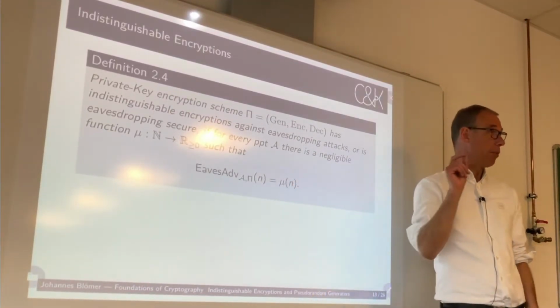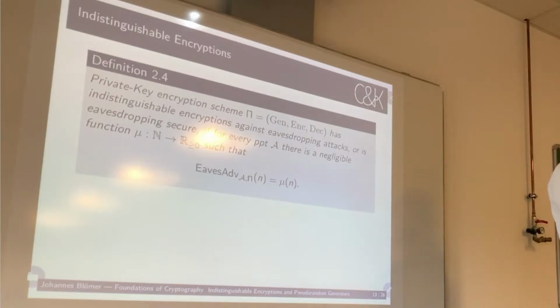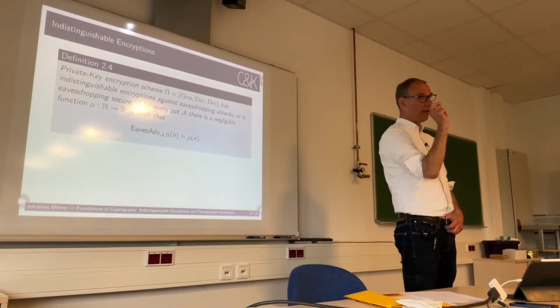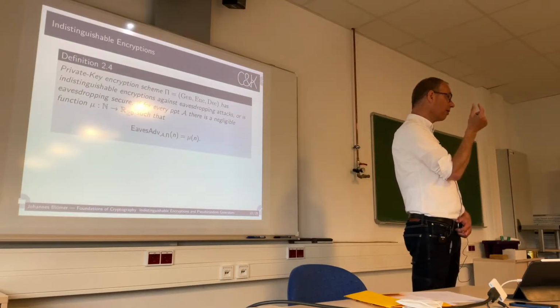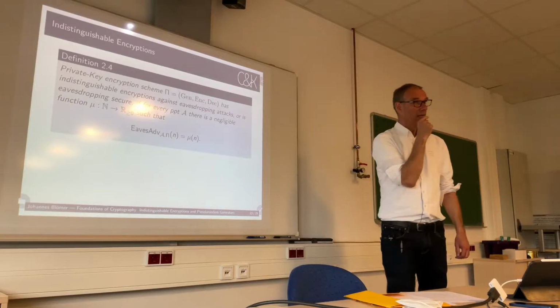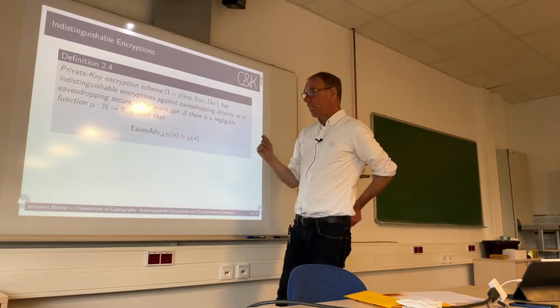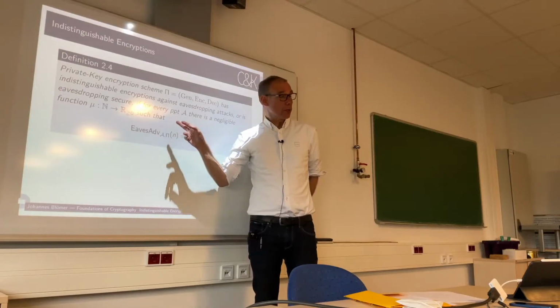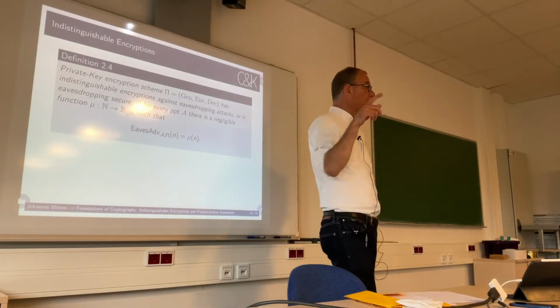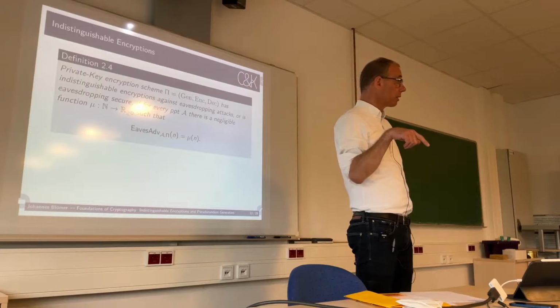Here we say upper bounded by a negligible function. So you can have an advantage above 0, but it must be tiny, negligible. The second difference is we no longer look at all adversaries, we only look at probabilistic polynomial time adversaries.